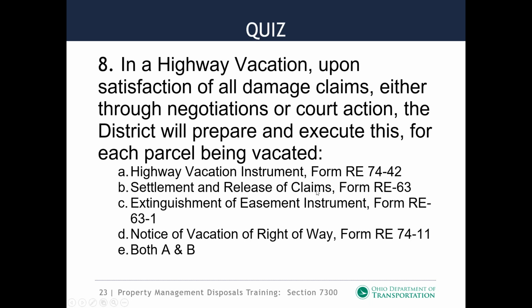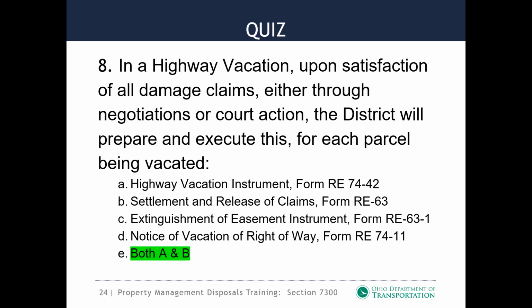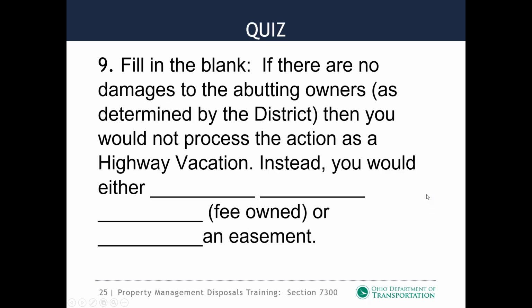Everybody's picking E here. Man, everyone is very smart. It is E, both A and B, Highway Vacation Instrument Form RE 74-42 and Settlement and Release of Claims Form RE 63. You would only have the Form RE 63 if there are damage claims. So if there are no damage claims, you wouldn't have to use that.